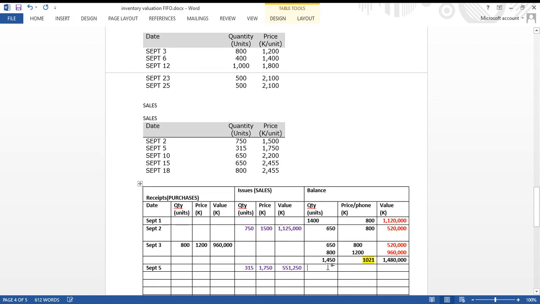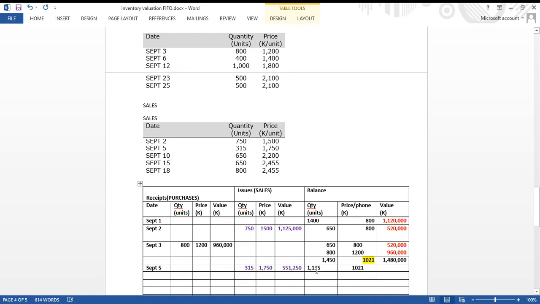We now subtract it from 1,450. 1,450 minus 315, we get 1,135 units at 1,021.